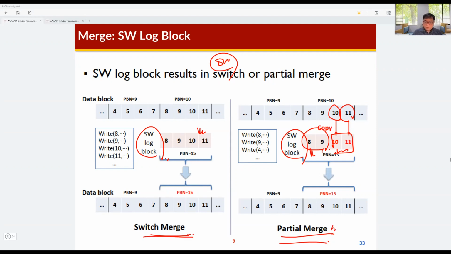So with this switch merge, the SSD does not have any performance overhead, because the SSD just switches the block mapping information.